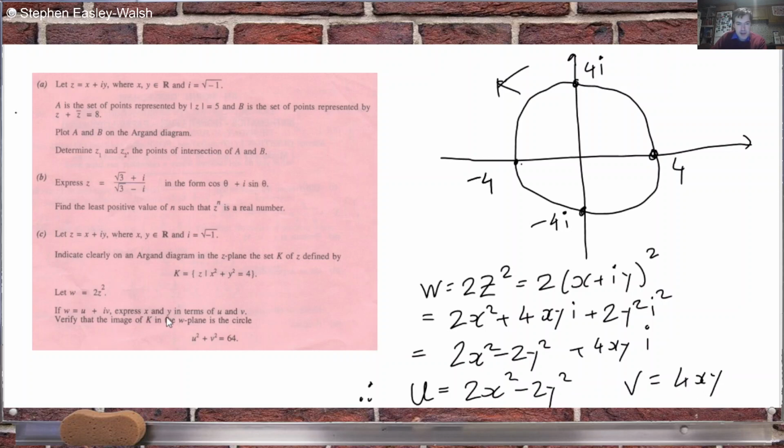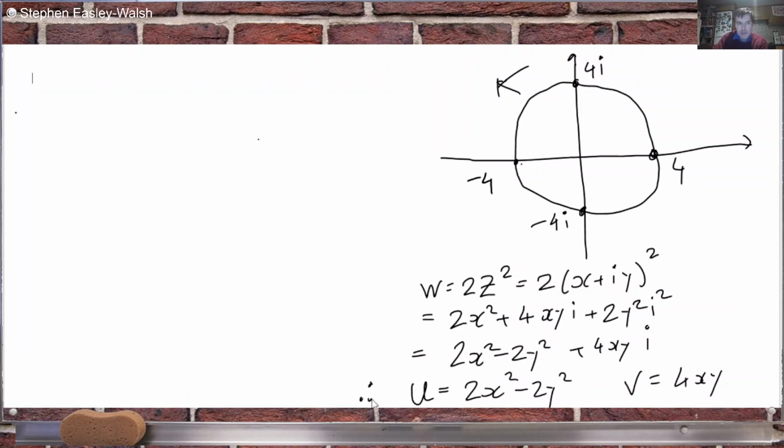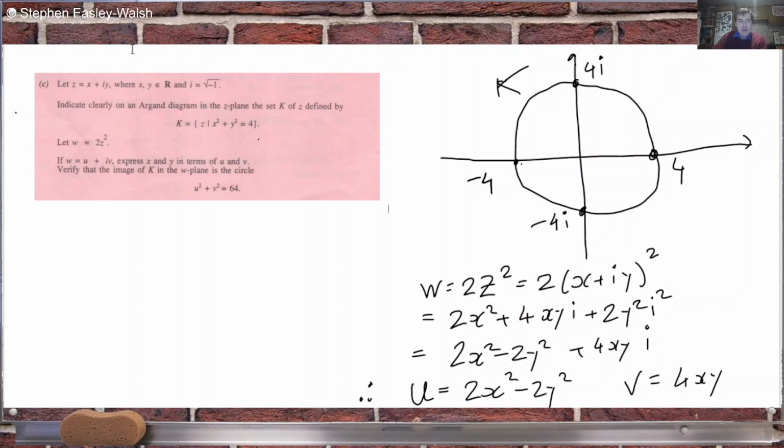Express x and y in terms of u and v. It's the other way around then. And verify that the image of k in the w plane is the circle. Okay, I'm going to need to make a bit more space.